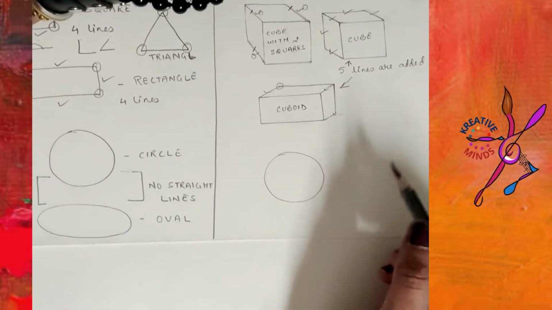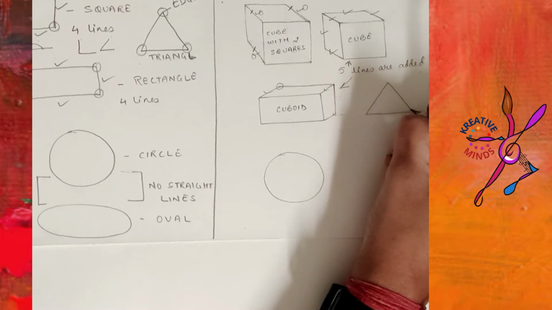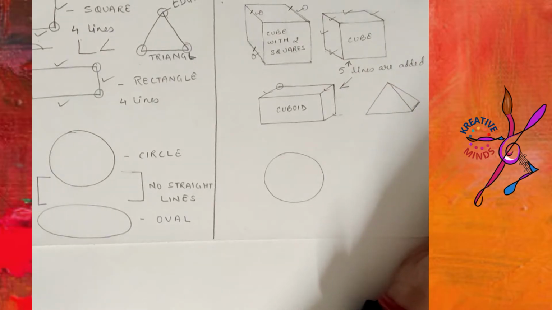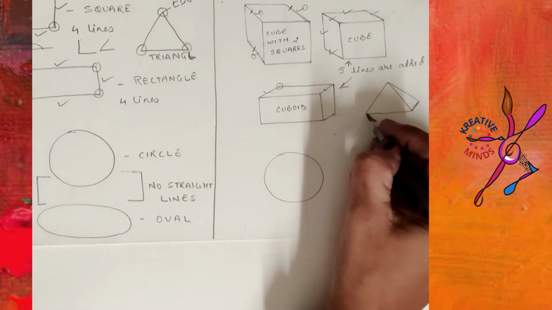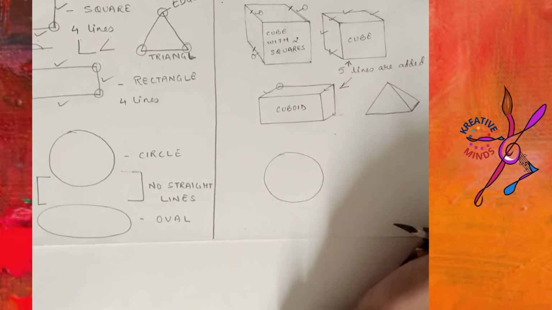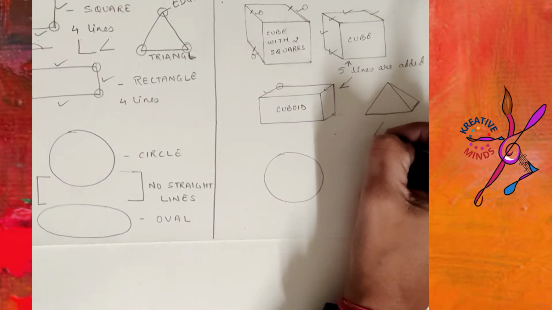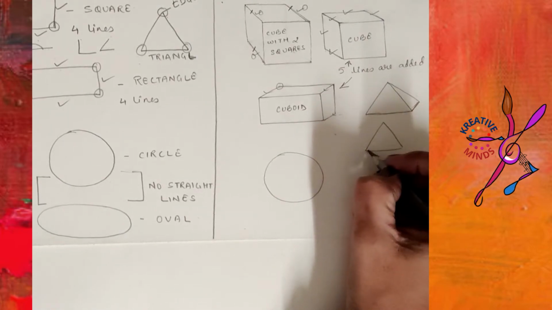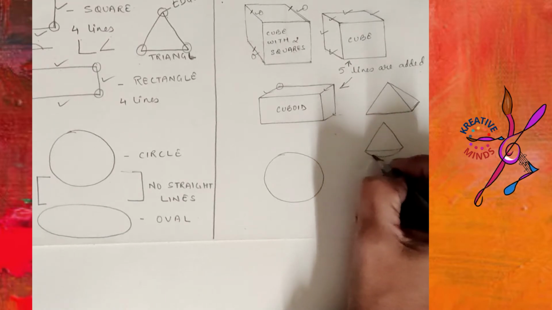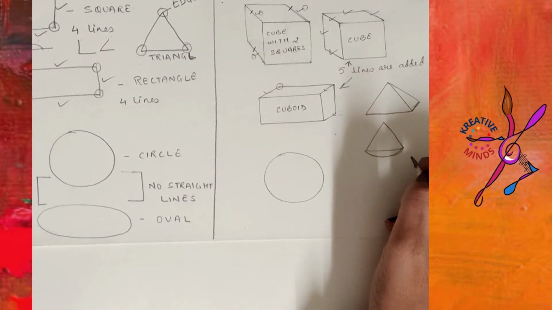Even in a triangle, we have a triangle here. Yes, ma'am. I can add another line over here to make it into a pyramid. We'll have to draw a curvy line. So I add lines over here, it becomes a pyramid. I draw another triangle here and add a little curvy line, it becomes like a clown's face or a party hat or a cone for that matter.